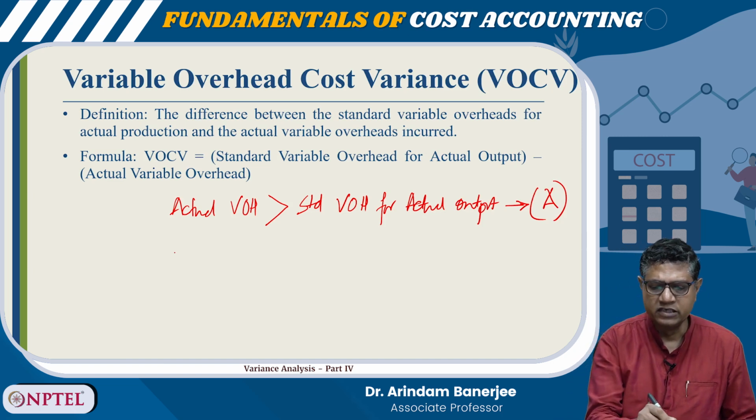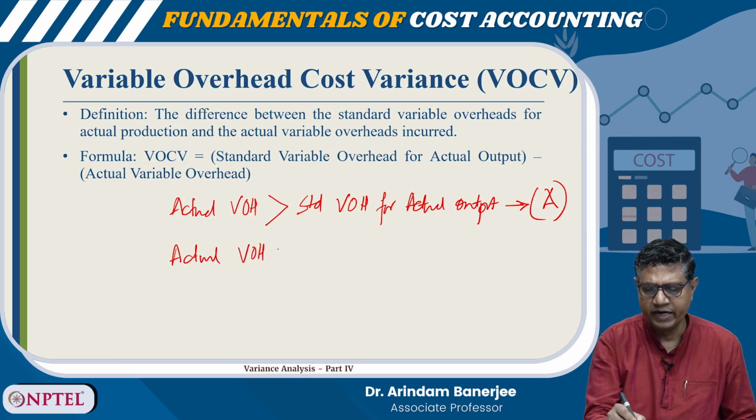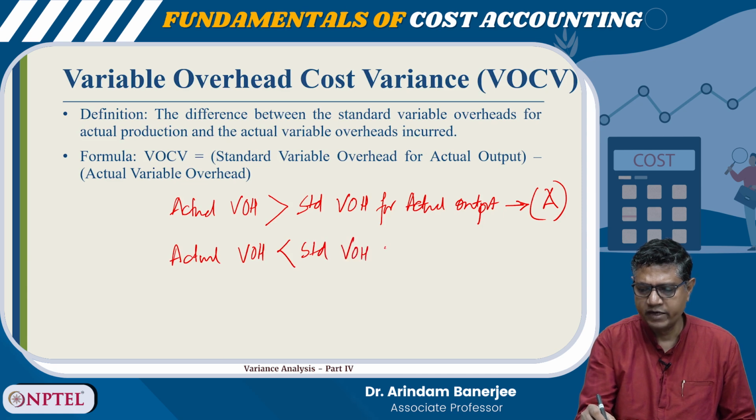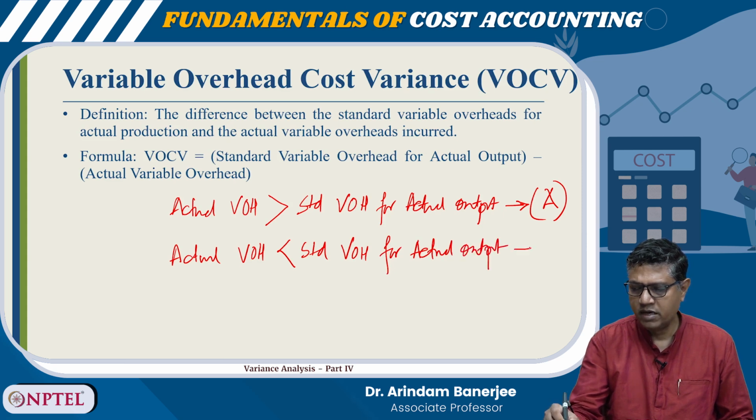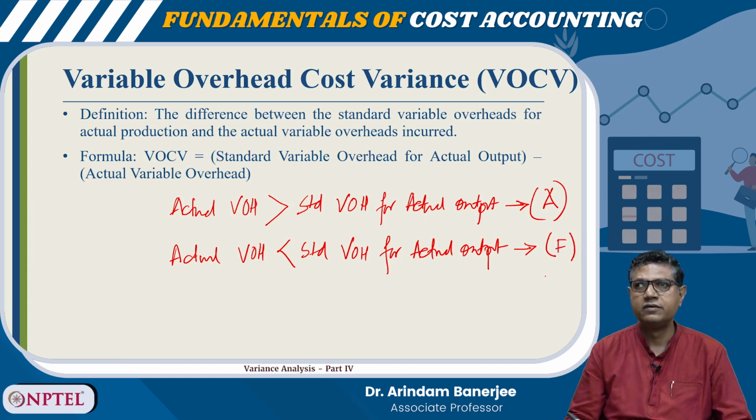And vice versa, if the actual variable overhead is less than the standard variable overhead for actual output, I will say it is favorable.